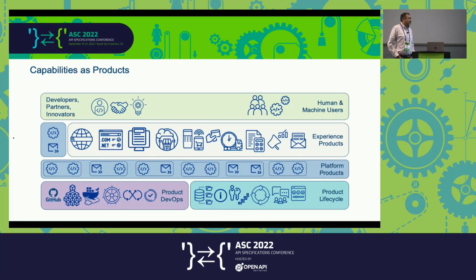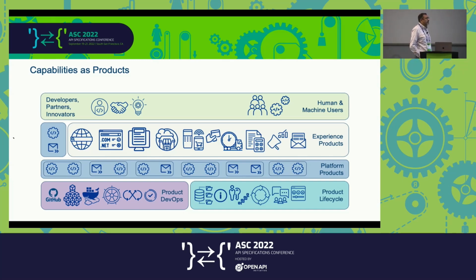So in short, what we have are platform products. These are core capabilities of any business or organization that we put together as building blocks of everything that we do. These are typically delivered as API products, and APIs are inclusive of both synchronous APIs as well as asynchronous event driven or message driven APIs.